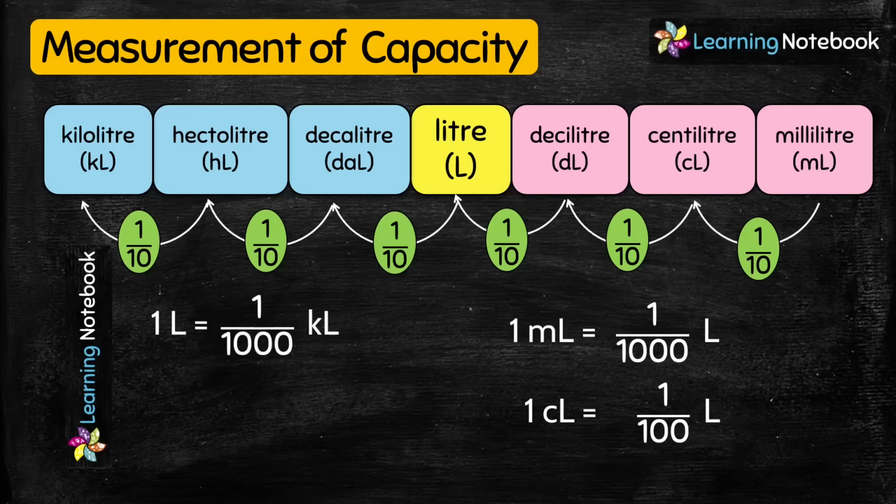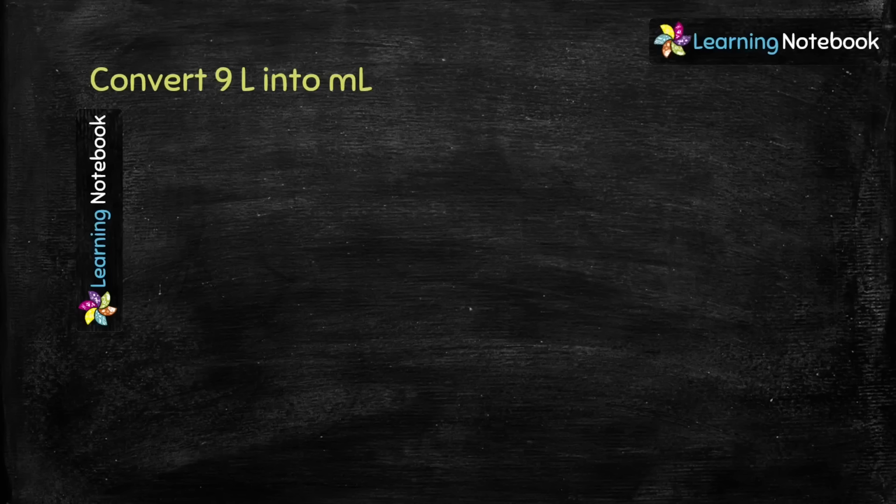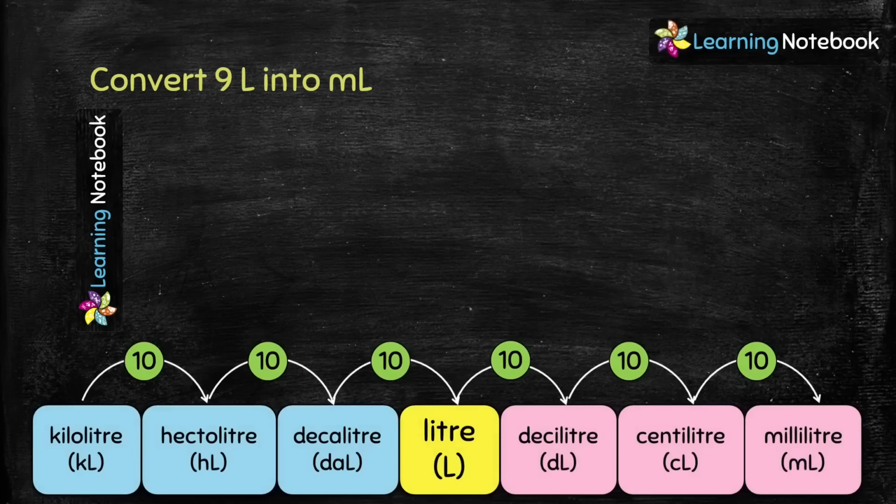Now let's solve some questions on conversion of units of measurement of capacity. Question 1 is, convert 9 liters into milliliters. So students, we know 1 liter equals 1000 milliliters.